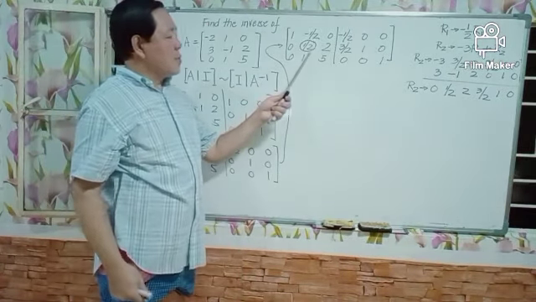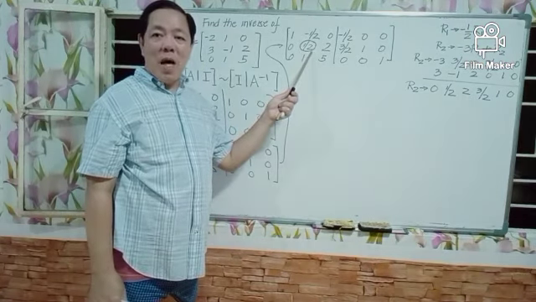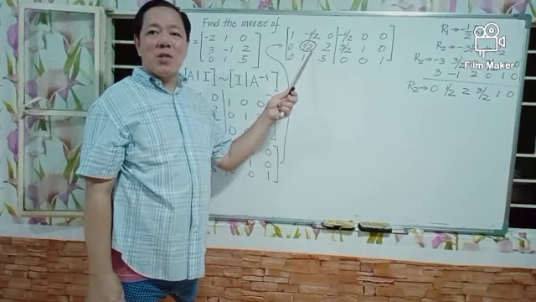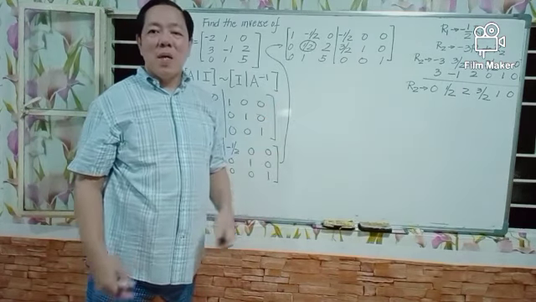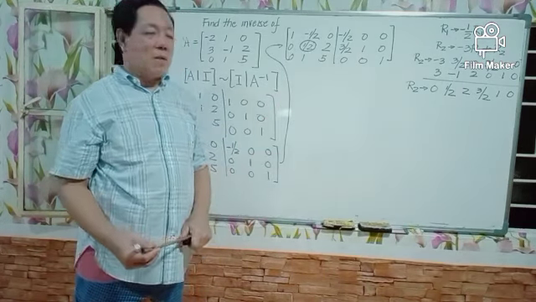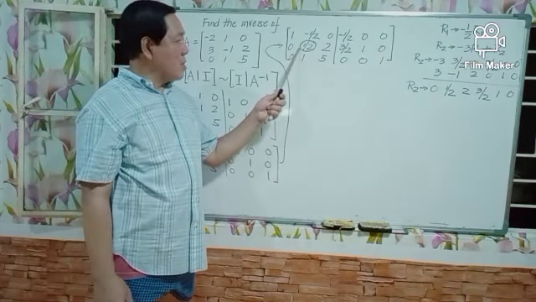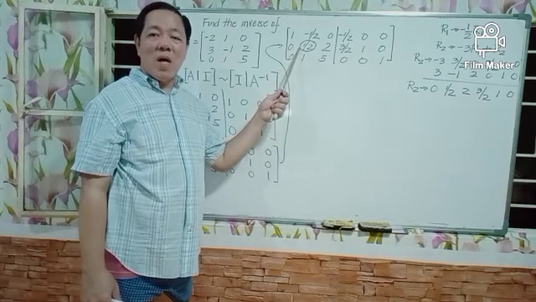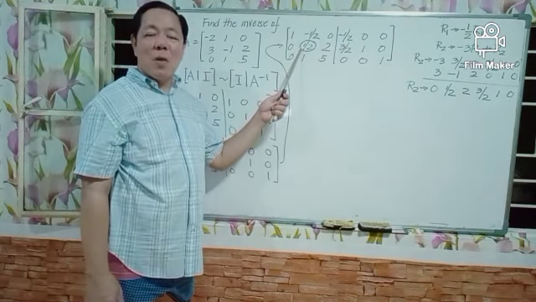And if we are to change 1 half to 1, we have to change all the entries of row 2 by using an elementary operation. To change 1 half to 1, we simply multiply 1 half by its reciprocal, which is 2. So 2 multiplied by 1 half is 1.